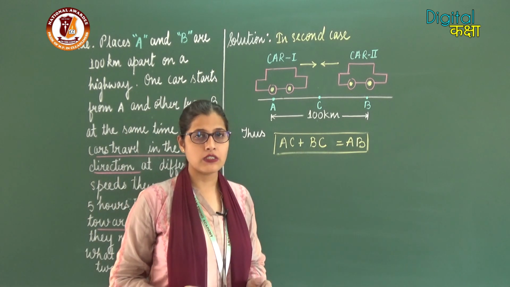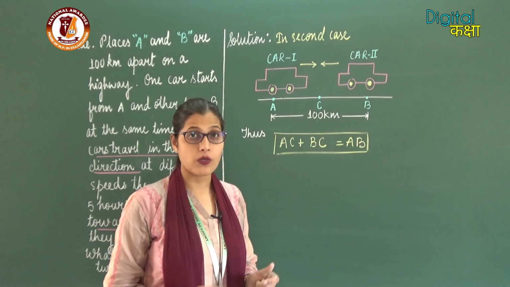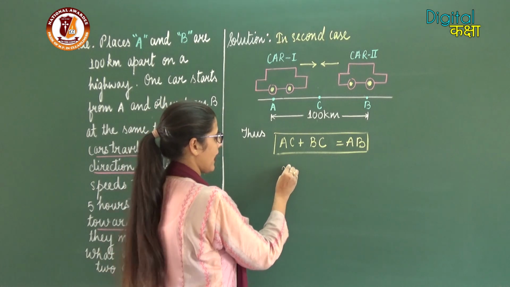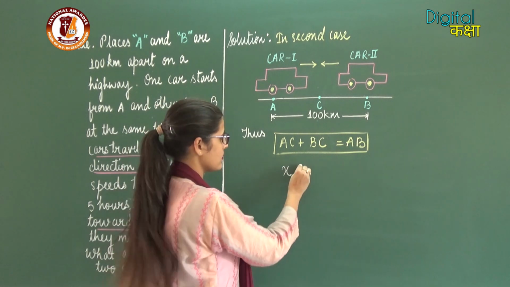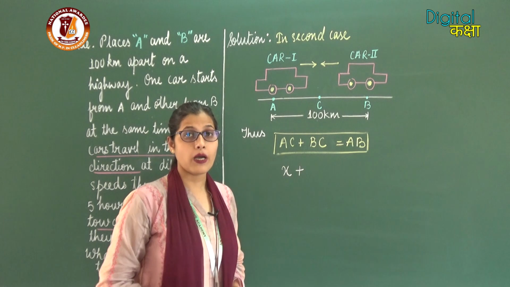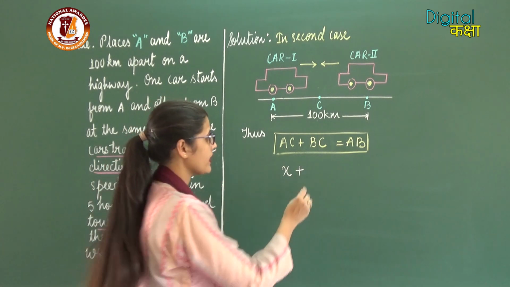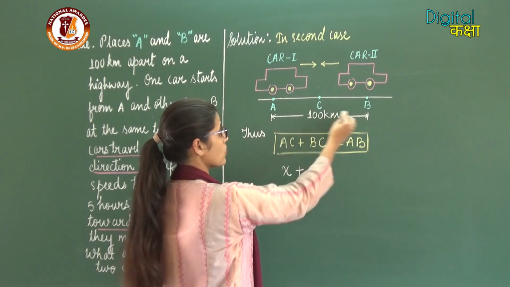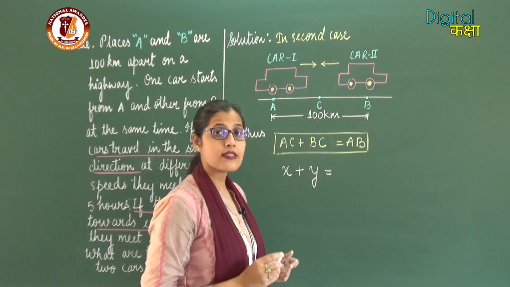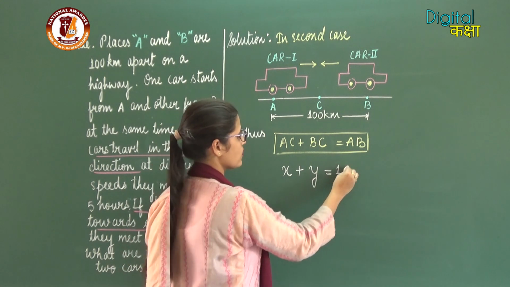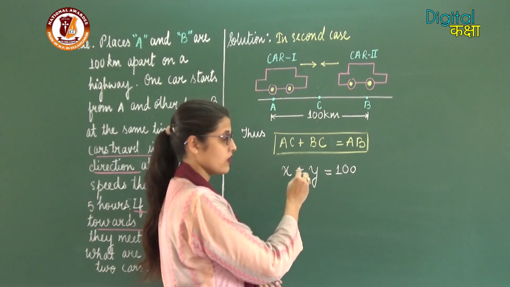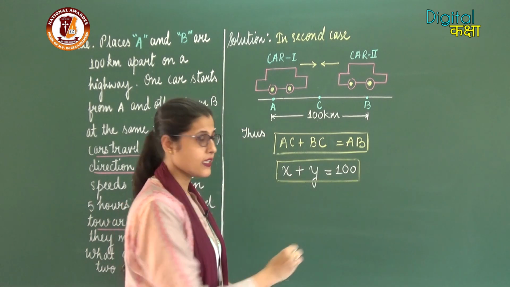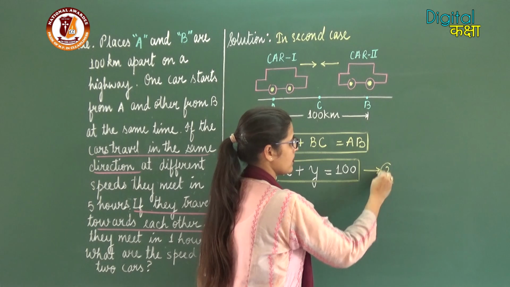As we have seen, the distance travelled by car 1, that is AC, will be x kilometers, plus the distance travelled by car 2, which will be y kilometers, and as you can see, the total distance AB is 100 kilometers. So from here we got our second equation, which is x plus y equals 100.